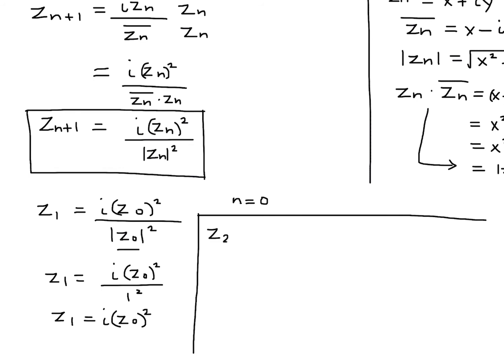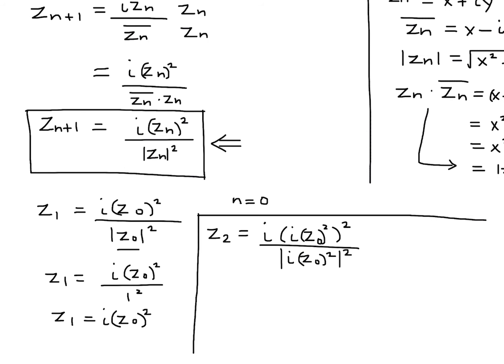Let's go to z2, using this formula right here. So z2 would be i times z1 all squared, so z1 is i z0 squared, all over the magnitude of z1 squared, and in this case that is 1. So z1 squared is basically i z0 squared, the magnitude all squared.